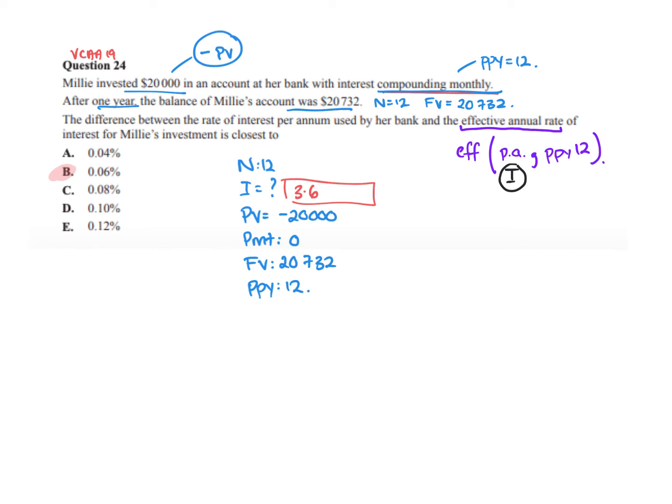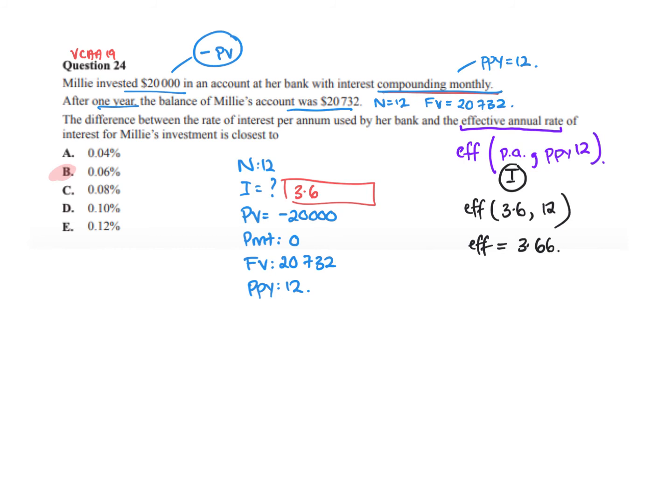So over here now, I'm going to work out my effective interest rate. So EFF into the calculator, 3.6, comma 12, okay? And I'll find out the effective interest rate. So I get the effective interest rate to equal 3.66, okay?